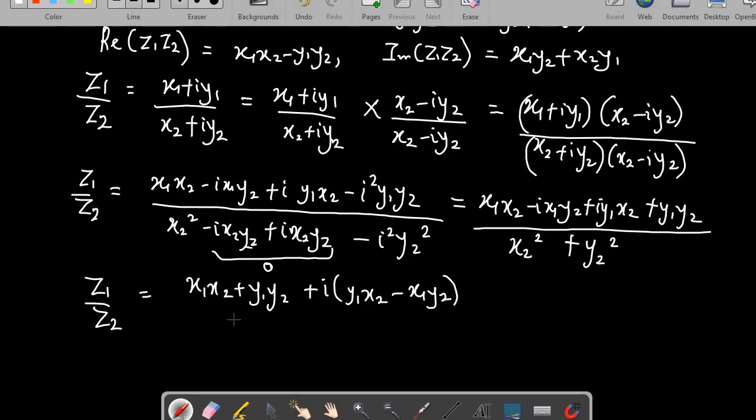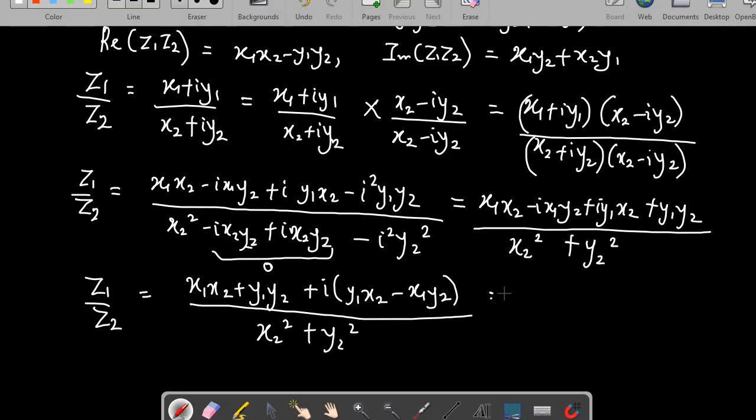Okay, so what I basically did was to factorize i from here, plus i factorized. That's why we have it flipped, over x2 squared plus y2 squared.